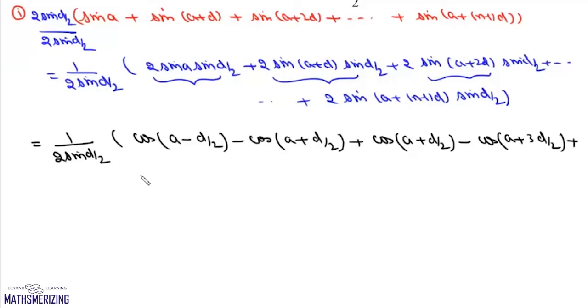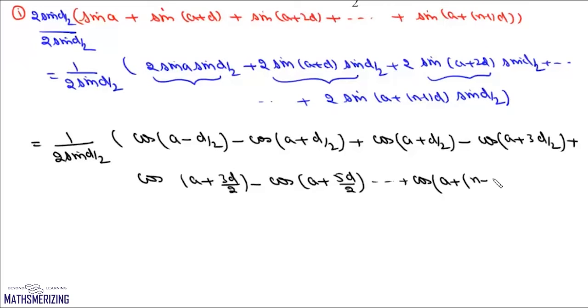Next one will be cos A plus 3d by 2 minus cos A plus 5d by 2, and in the end we'll have cos A plus n minus 3 by 2 d, and minus cos A plus n minus 1 by 2 d. Now, as you can figure out, this is nothing but the method of difference. Here, cos A plus d by 2 and cos A plus d by 2 will cancel, A plus 3d by 2 and A plus 3d by 2 will cancel. So all these successive terms will cancel.